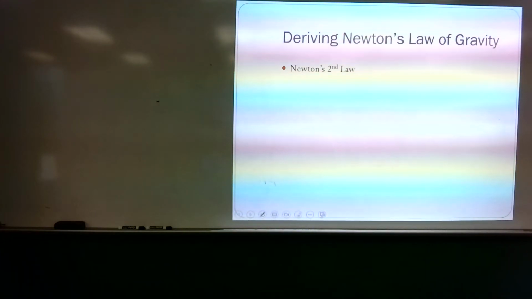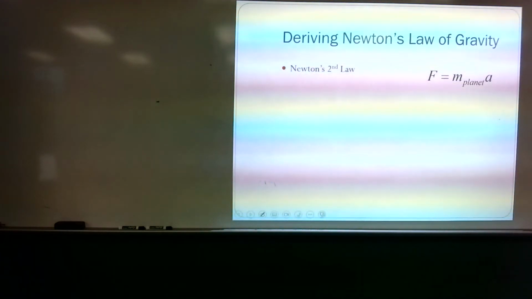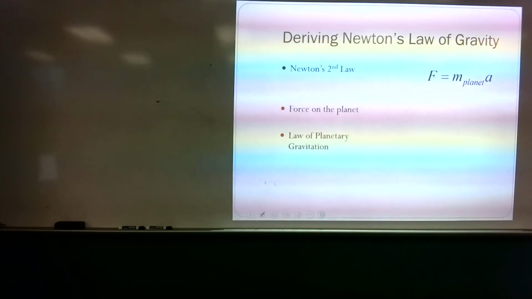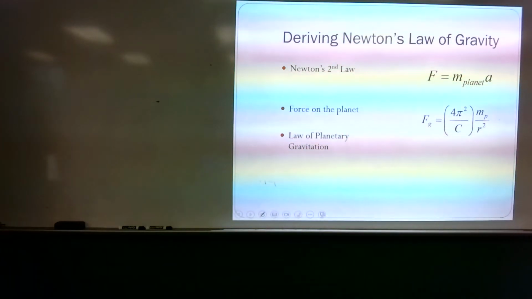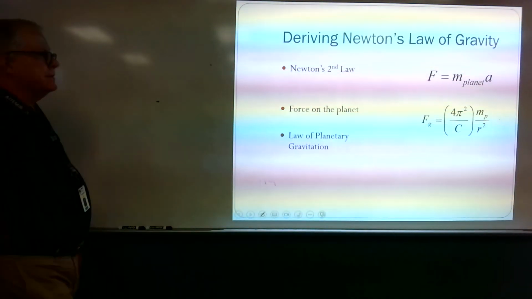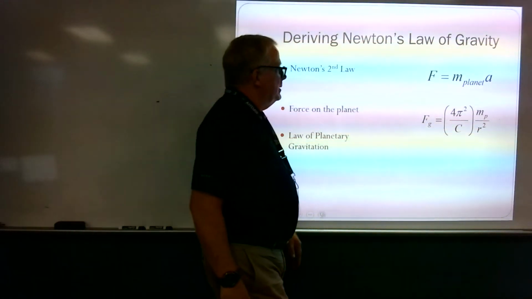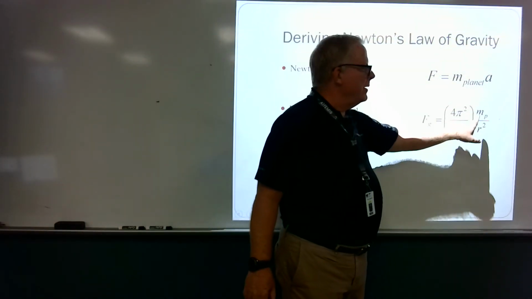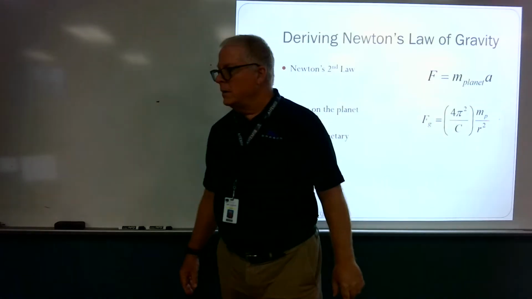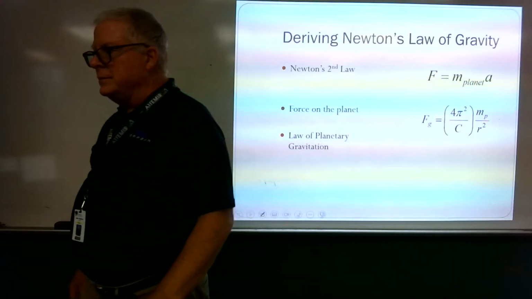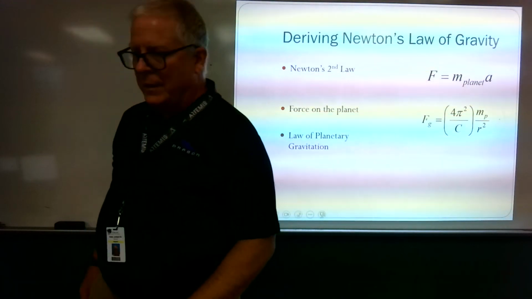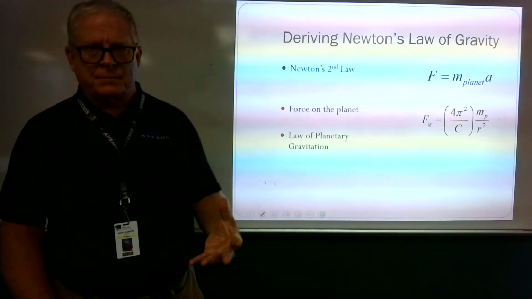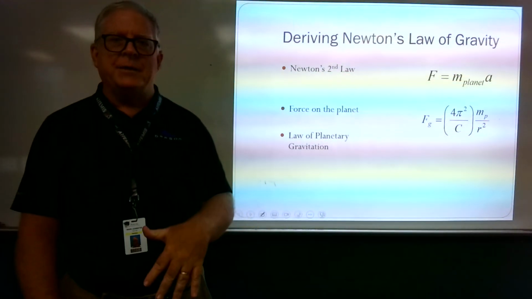So using Newton's second law, that the force is equal to the mass of the planet times the acceleration, we now have that the force of gravity of the sun on this planet must be a constant times the mass of the planet over r squared. Now, Newton realized that the formula must be symmetric.